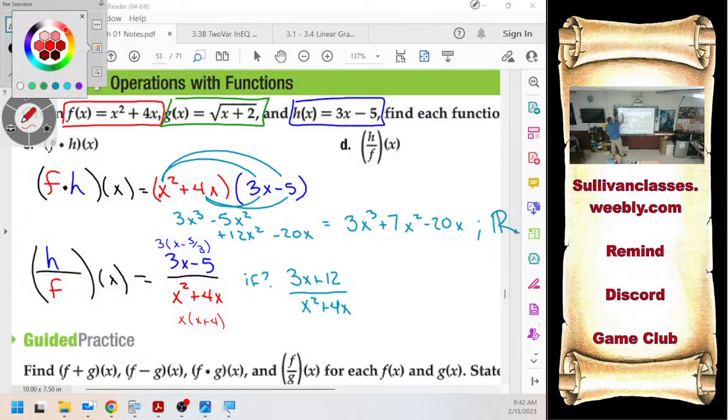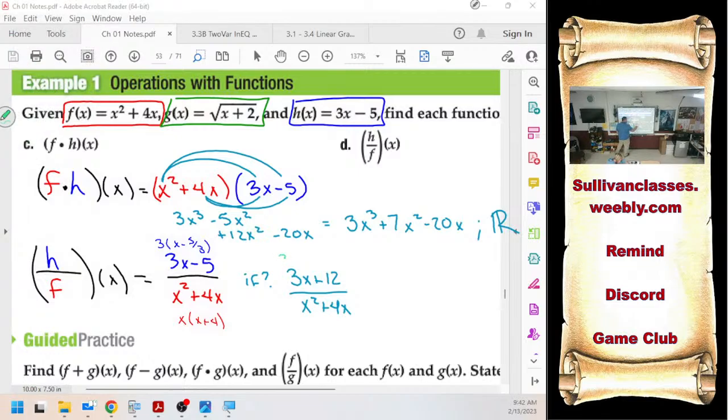But this guy, if I were to take out a 3, now they have an x plus 4 in common. Okay? So just watch out for that. Whenever you see a rational function, you have to factor to see if something can disappear. Okay? So in this case, yeah, that's just the answer. That's just my answer. It's done.